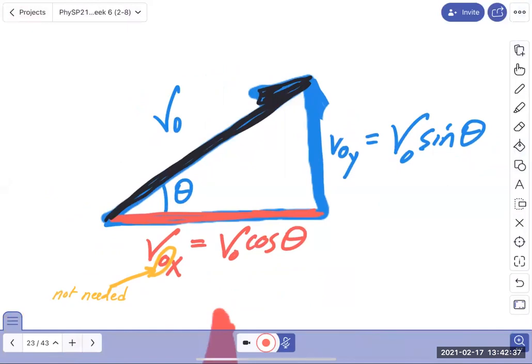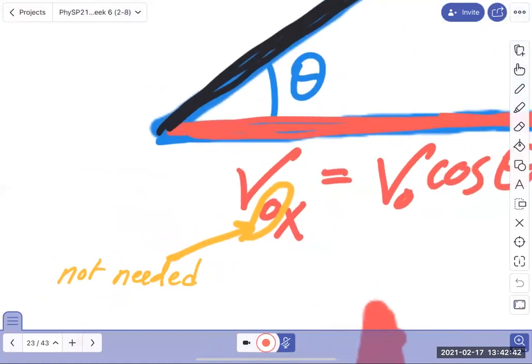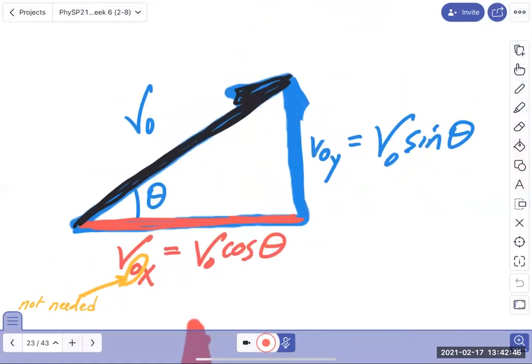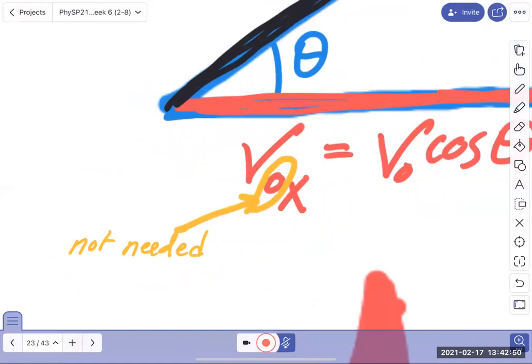So even the simple red equation becomes more complicated. Now, I asked this question in second hour. I said, this is called V naught X. Why is the naught not needed for the X? It is needed for the Y. But why is it kind of unnecessary to say V naught X? Who wants to answer that? Would V naught Y equal 0?